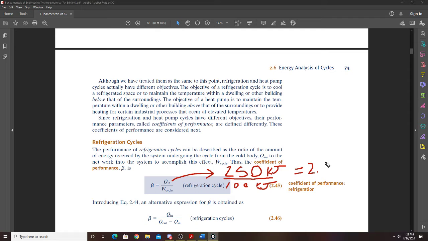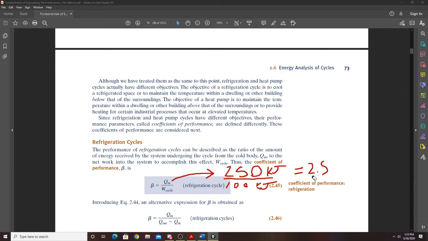So as you noticed, this is now above 1. And for most refrigeration cycles, it should be above 1. If they are not above 1, or if they're at 1, it means they're trash. It means that you're having to put in more work than the energy you are receiving afterward out of the system, which is bad.